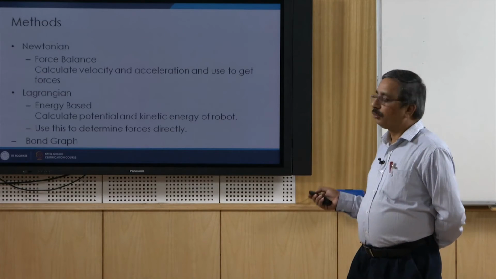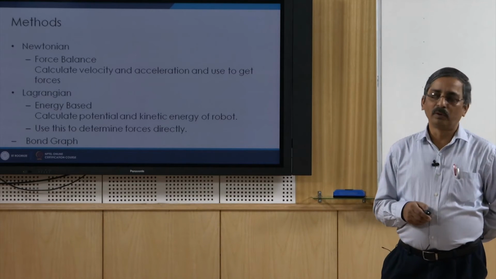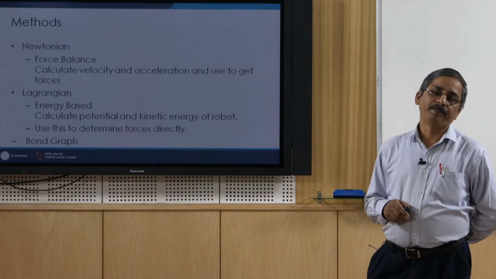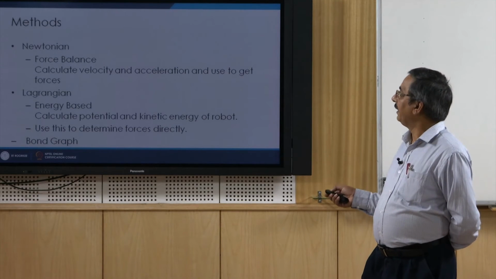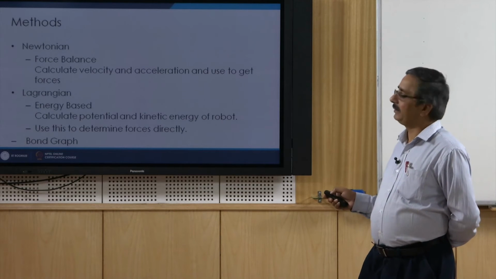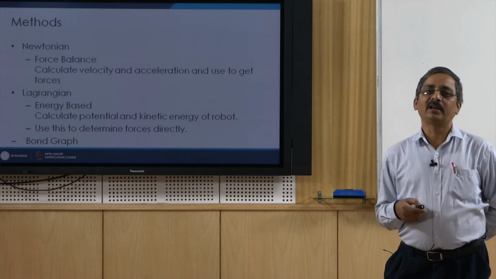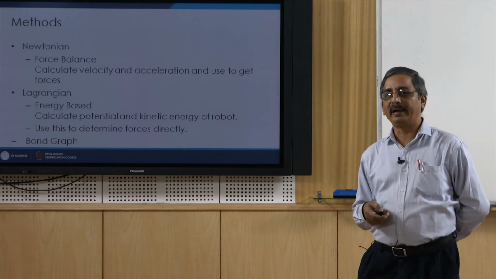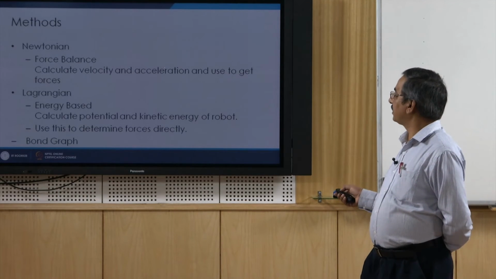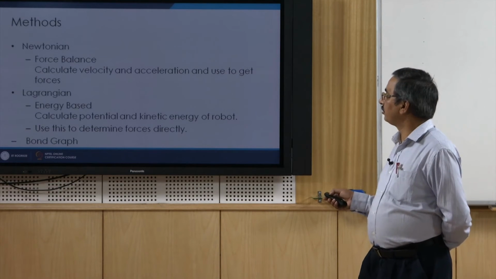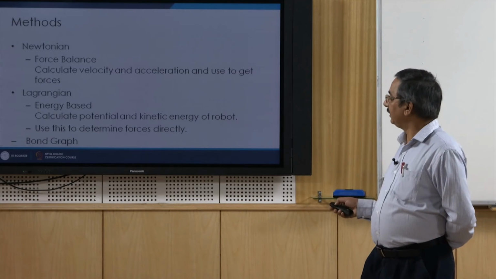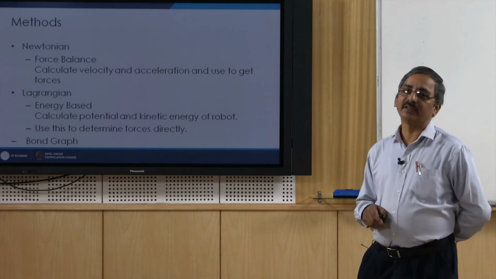Now, to deal with the dynamics of the robot, there are three ways by which it can be done. The first way is the Newtonian method. This method is essentially based on the concept of force and moment balance. So, we have the force balance, calculate velocity and acceleration and use them to get the forces. Another method is the Lagrangian method.